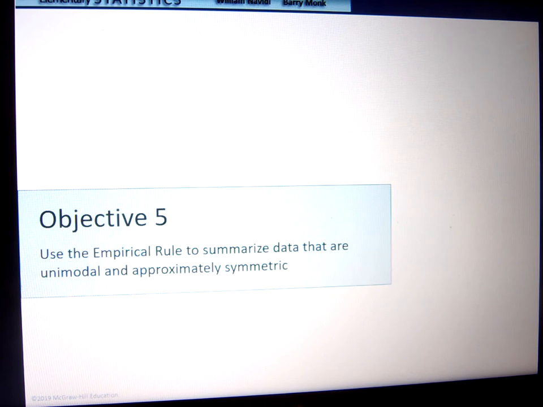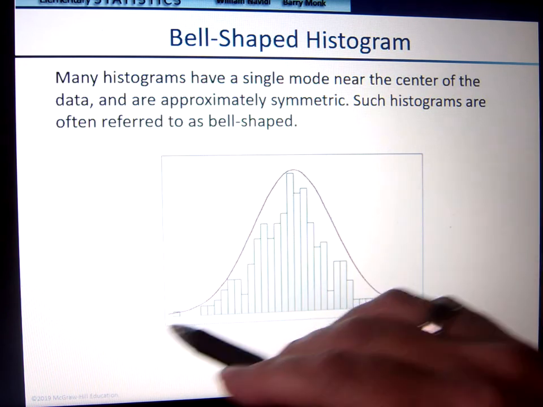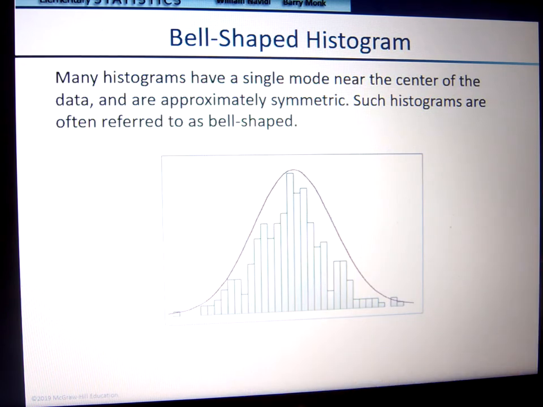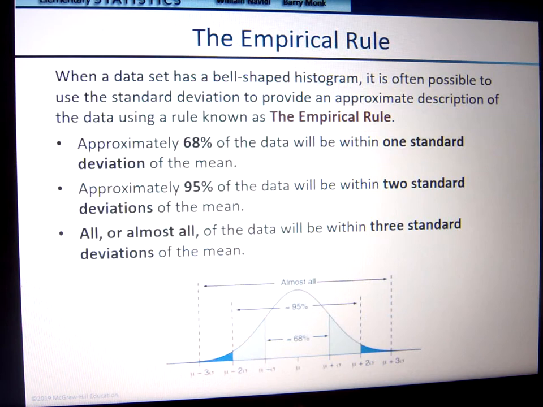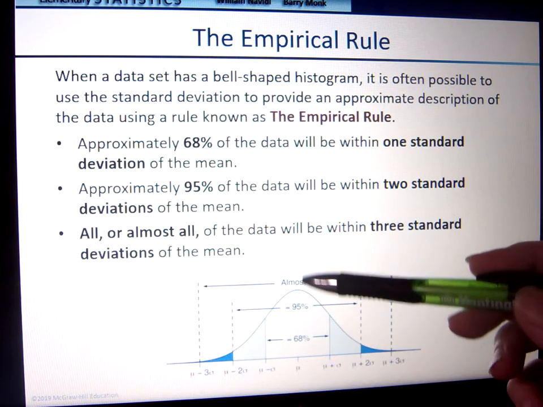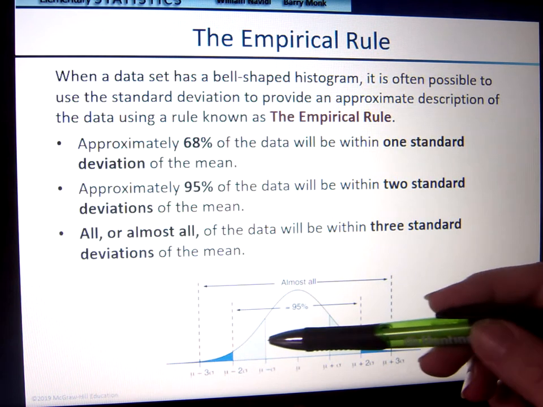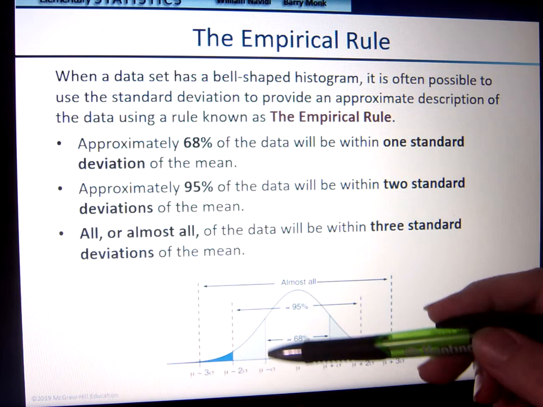Okay, using the empirical rule to summarize data that are unimodal and approximately symmetric. So anytime we have a data set that is, again, approximately symmetric, we can put this nice normal curve around it. They're referred to as bell-shaped or normal. We can use the empirical rule. We will go one standard deviation away from the mean. Now remember, since it is a normal curve, the mean and the median are both in the center. So if I go one standard deviation away from the mean on each side, I can figure out that this is 68% of my data.